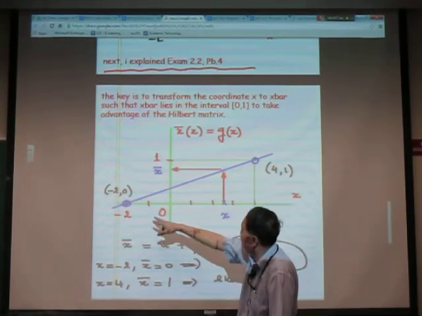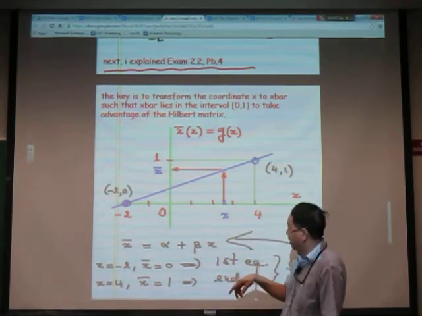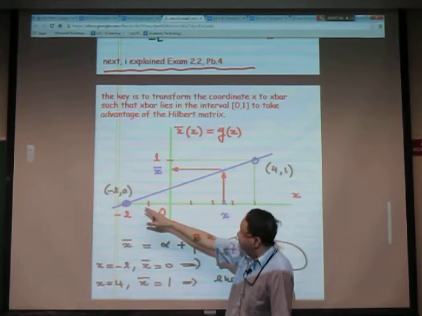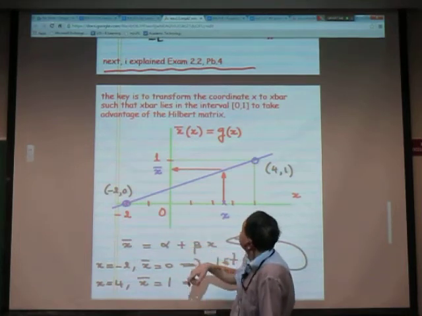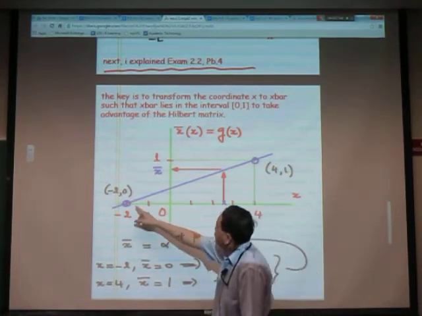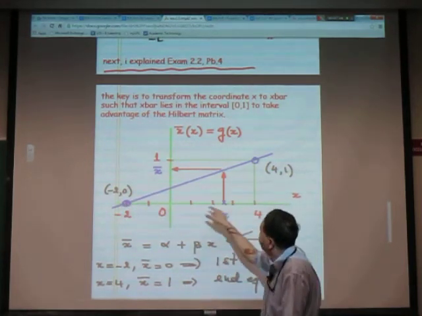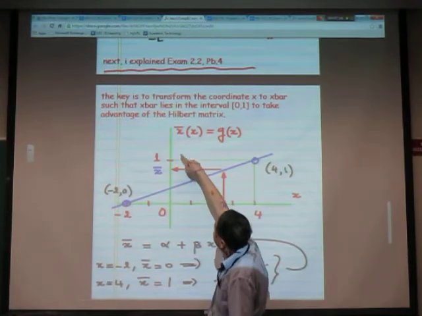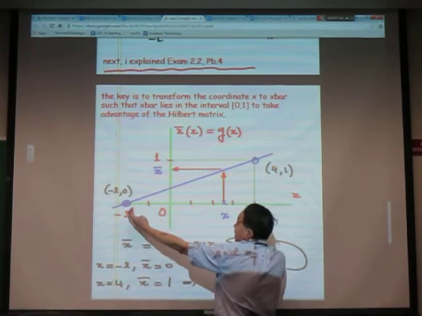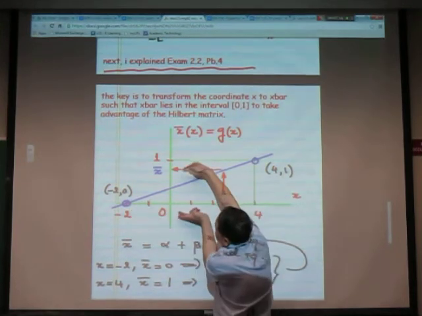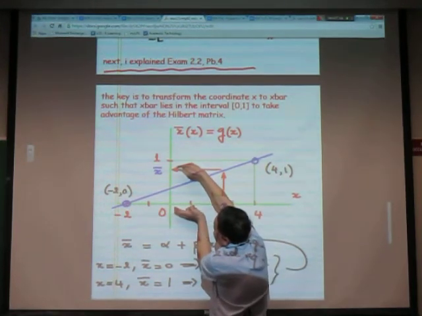So that's why you see the interval is from -2 to 4. When x is equal to -2, this is the x-axis here, you want x bar equal to 0, right? Because you want to map the interval from -2 to 4 to the interval from 0 to 1.